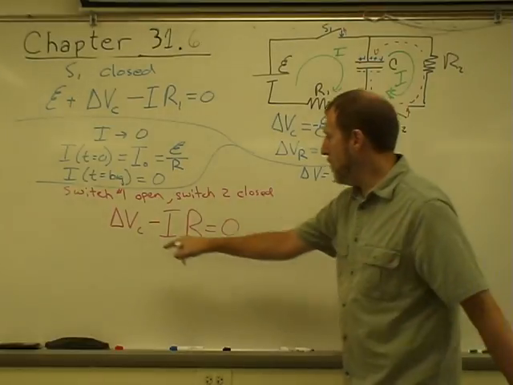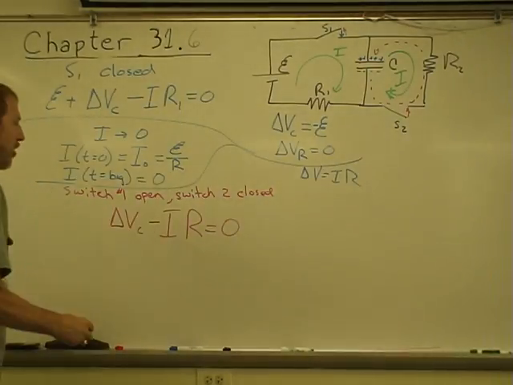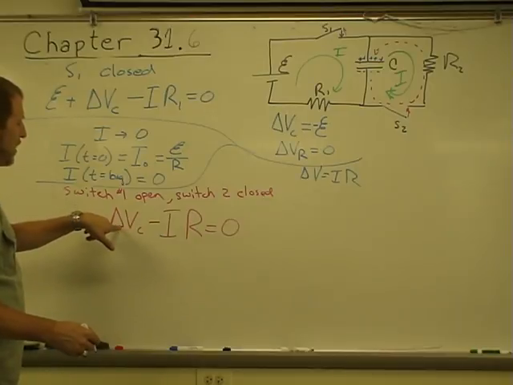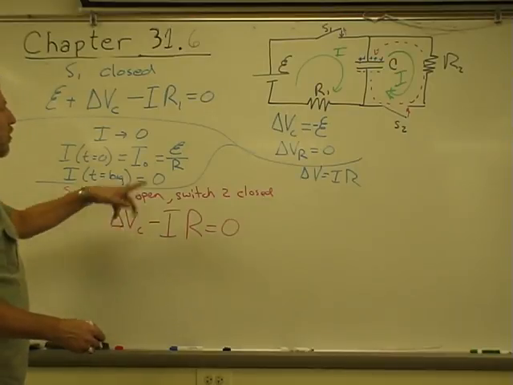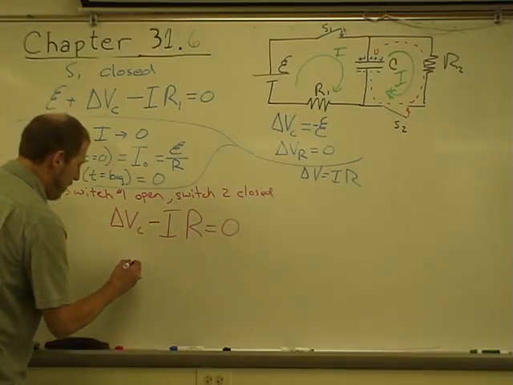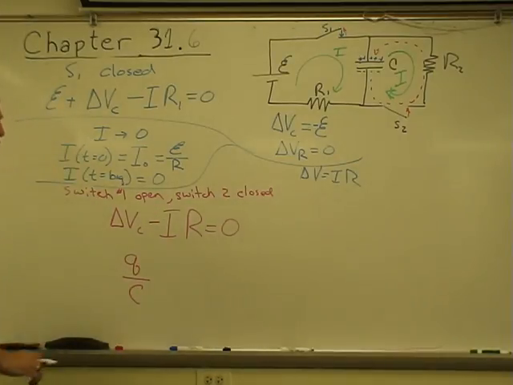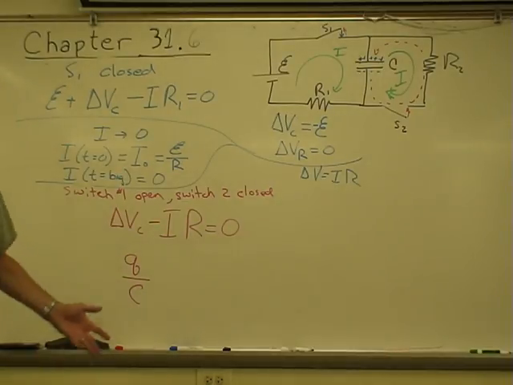I need to write these in the same terms, so I can write the change in the potential over the resistor in terms of the charge at any given time. I'm going to go to a lowercase letter here because it's a parameter that can change.